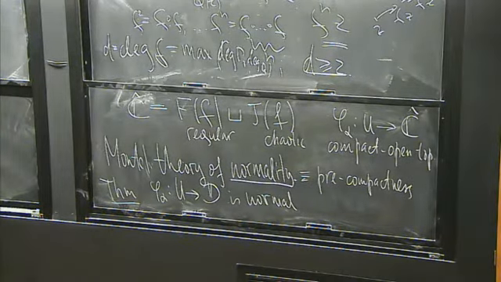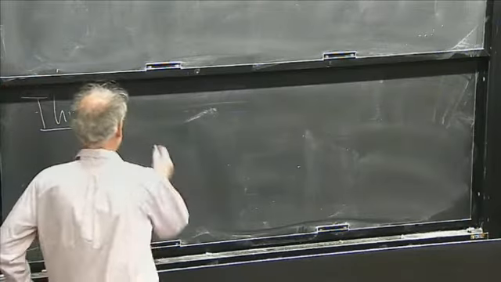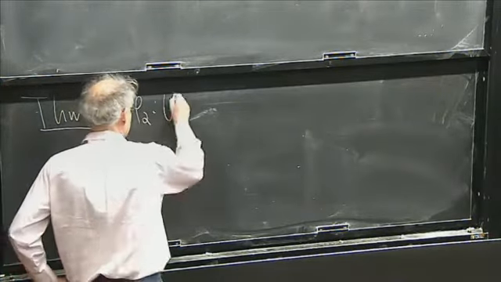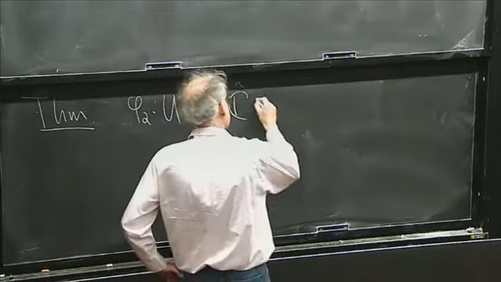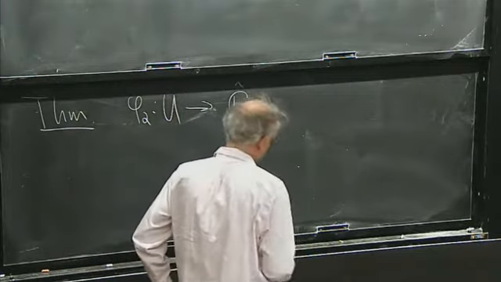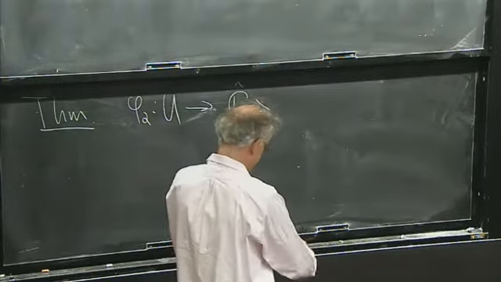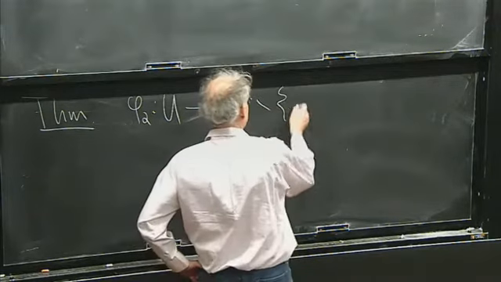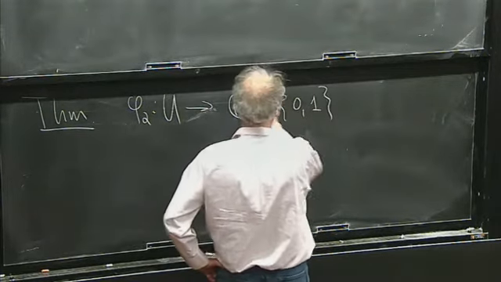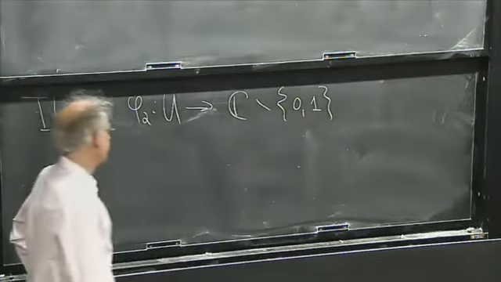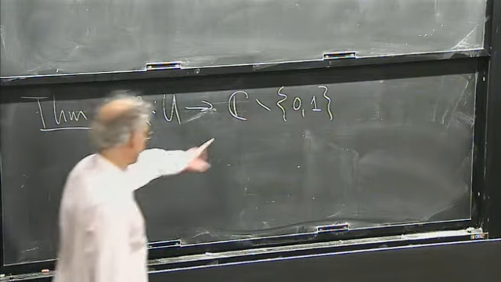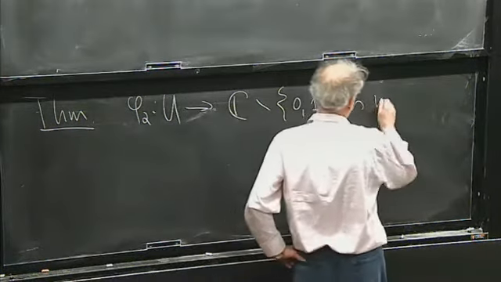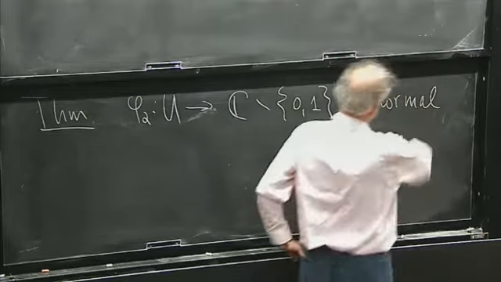It is the big Montel theorem. It tells you that if you have a family of functions on U to the Riemann sphere with 3 punctures, and it does not matter where the 3 punctures are because we are free to apply Möbius transformations, so we can put them at 1, 0, and infinity. So if you have a family of holomorphic functions which omit 2 values, then such a family is normal.